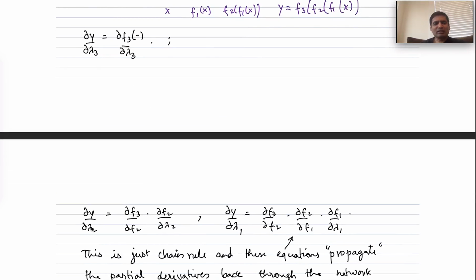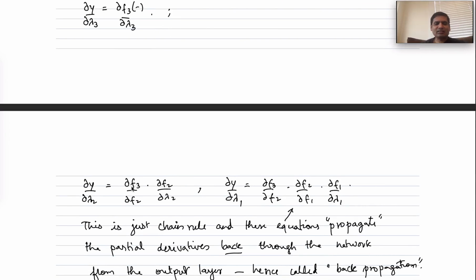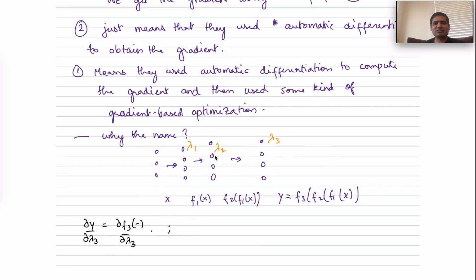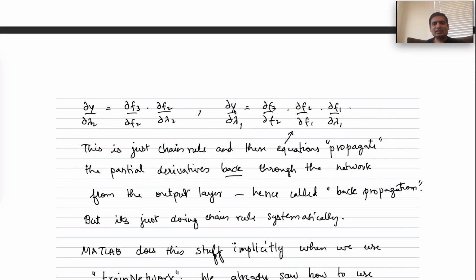And dy by d lambda 2, the output by lambda 2, the one in the previous layer, is given by chain rule of differentiation. So it's going to be df3 by df2, df2 by d lambda 2, because f2, this function that corresponds to this layer, will directly depend on lambda 2. And then dy by d lambda 1 is going to be the chain rule applied this way. Just to paint a simple picture.